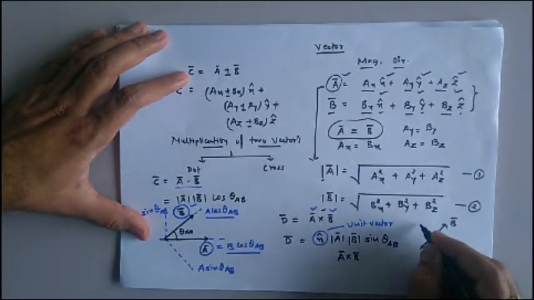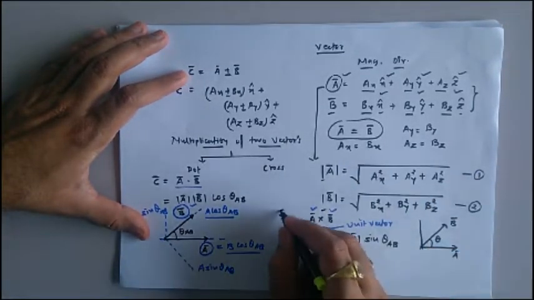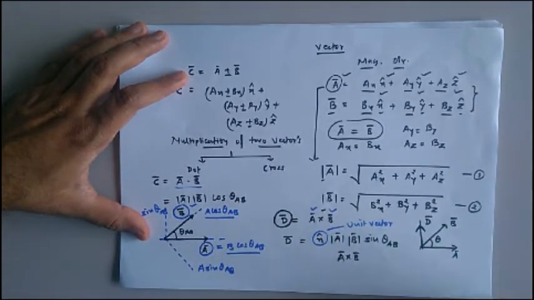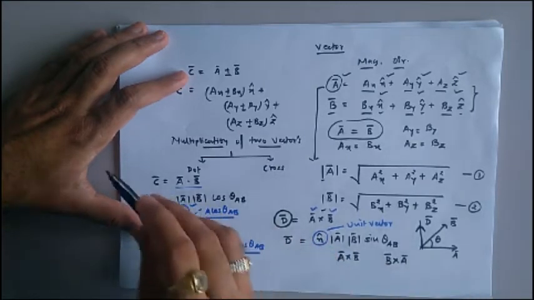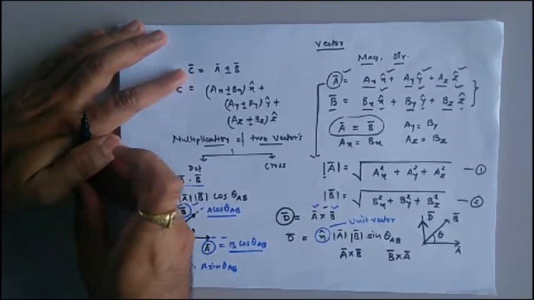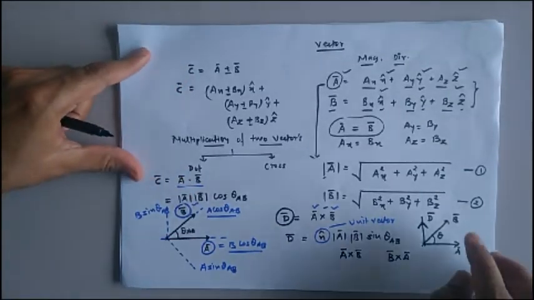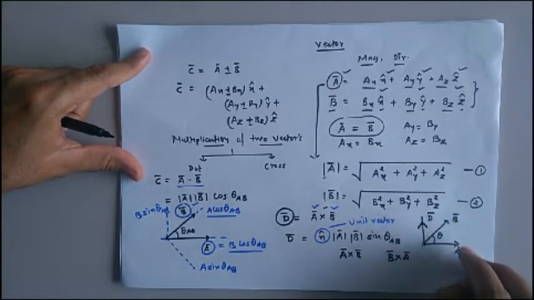That means the resultant vector which is indicated over here by a symbol d bar will be in this particular direction. In the same way, if we take b bar cross a bar, that means we are trying to calculate the cross product of two vectors, that too b bar cross a bar.